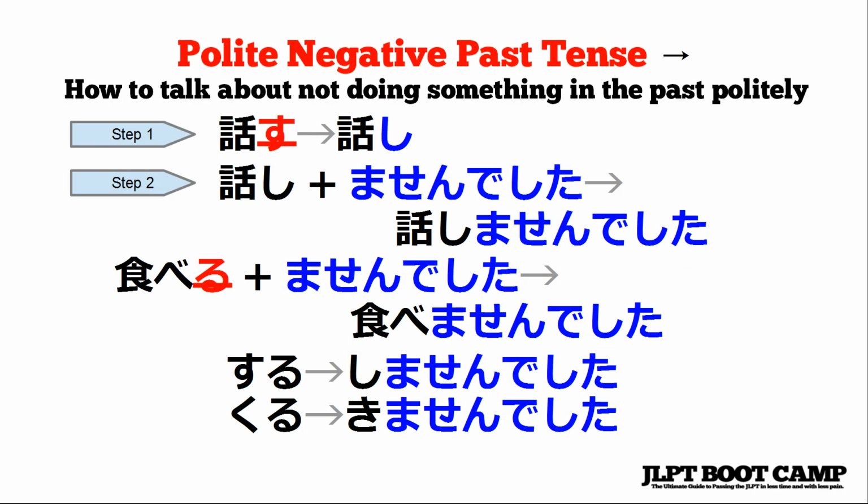And then for the polite negative past tense, again, you switch the last kana to the e row of kana and change it into hanashi, and then add masen deshita. So hanashimasen deshita. Ichidan verbs, just cut off the ru, and you have masen deshita. Suru and kuru become shi and ki, and add the masen deshita. And that's it.